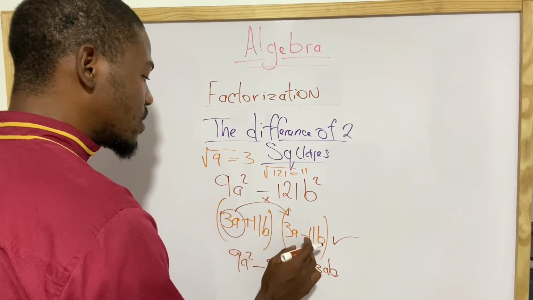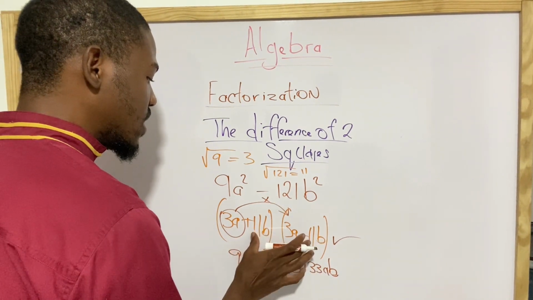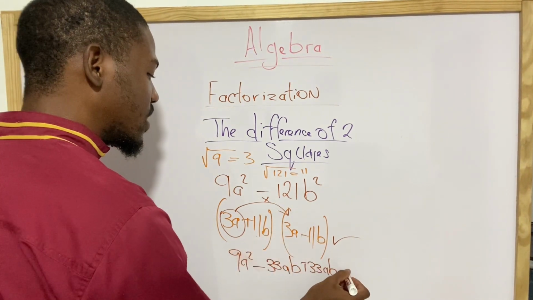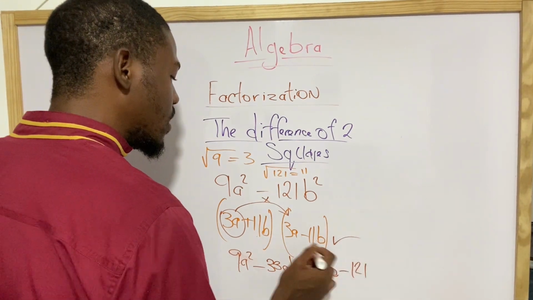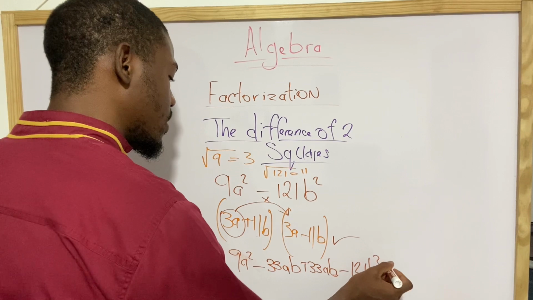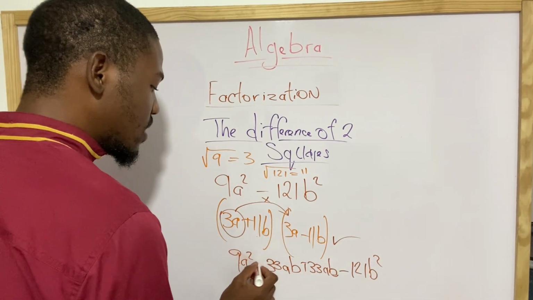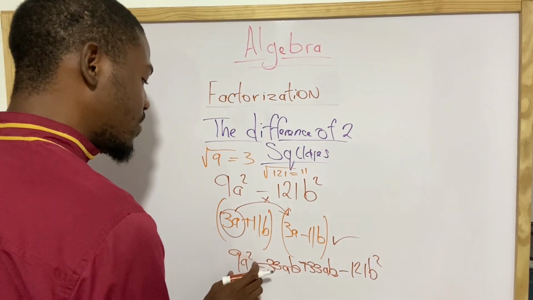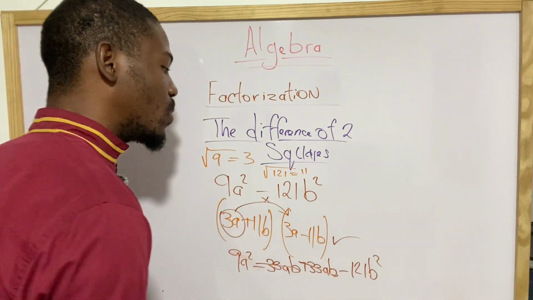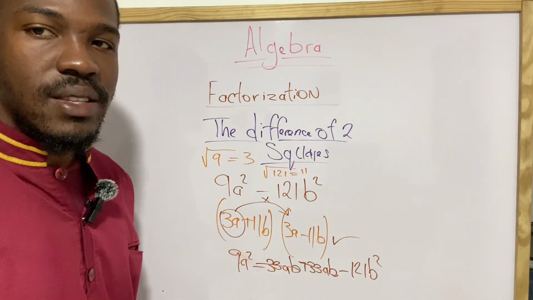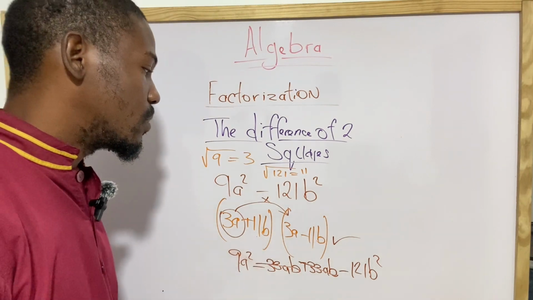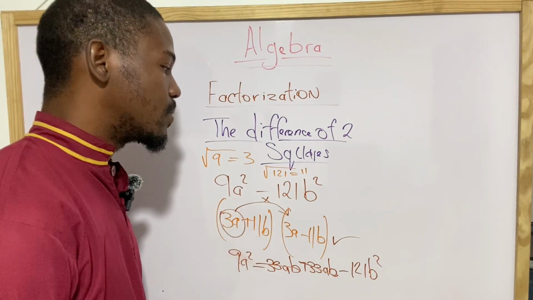Then 11 now is going to also multiply this 11, but it's going to be a positive times a negative, so it's going to be a negative. 11 times 11 is 121. b times b is b squared. So as we can see here again, these two are going to be cancelled out. So I'm left with 9a squared minus 121b squared. So that is how you do the difference of two squares.